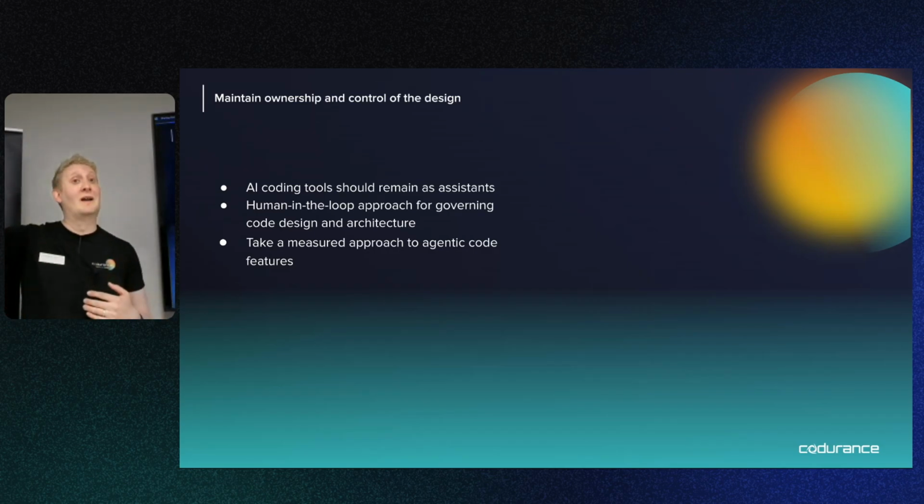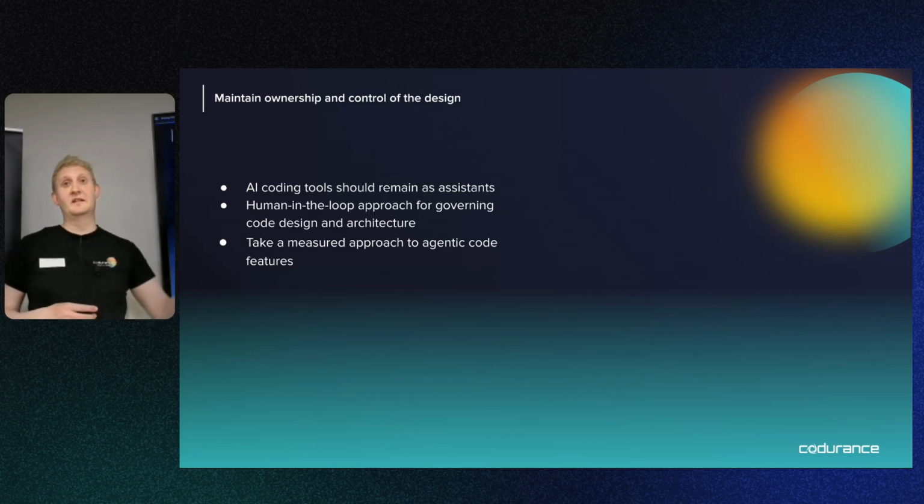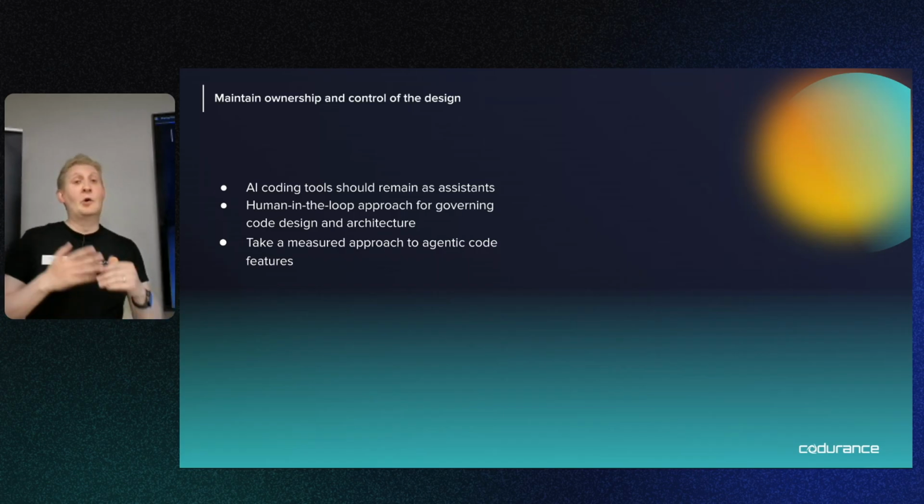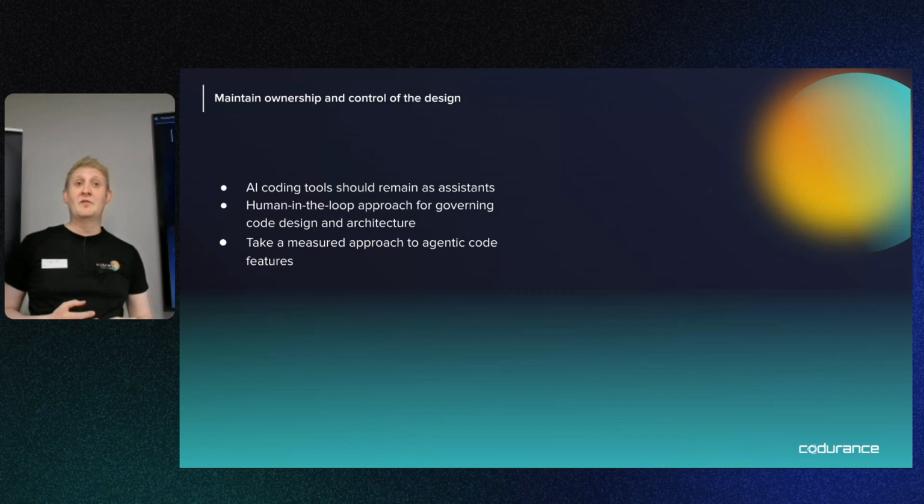lose control quite quickly, because the amount of code that these agentic features can churn out is massive, right? It all looks quite plausible, but the load that puts on you to understand code all in one go is quite a lot.